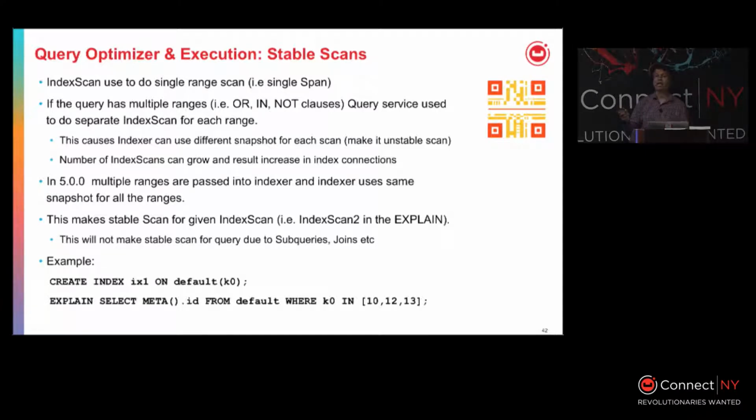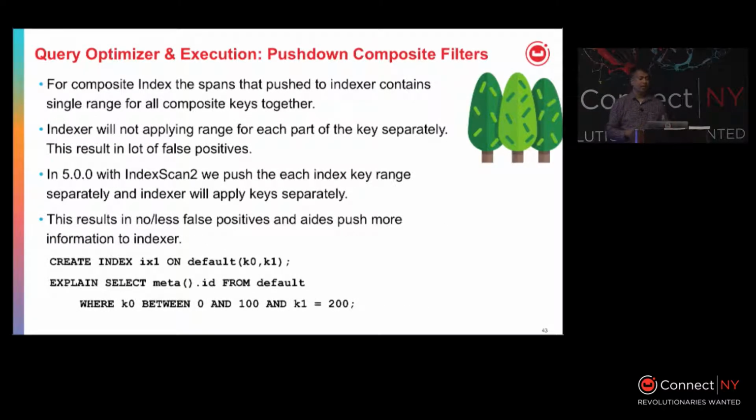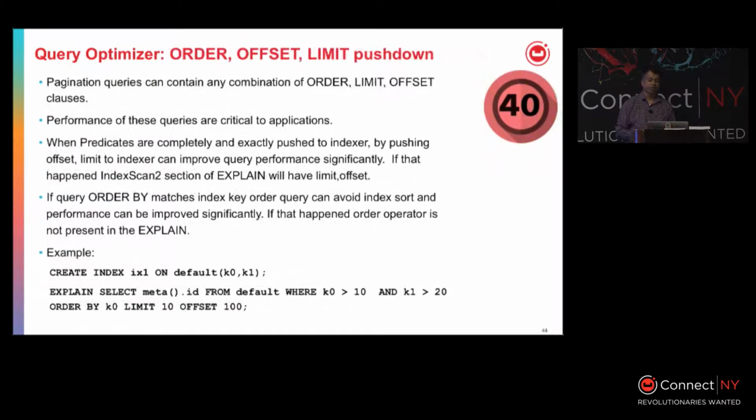So remember, our GSI index is eventually consistent. And we do the scans on snapshots so that the writers won't block the readers. So this helps with that. Yeah. And the second improvement is, because there is less to exchange from the indexer to the query, the performance has improved as well with fewer false positives from the index to the query.